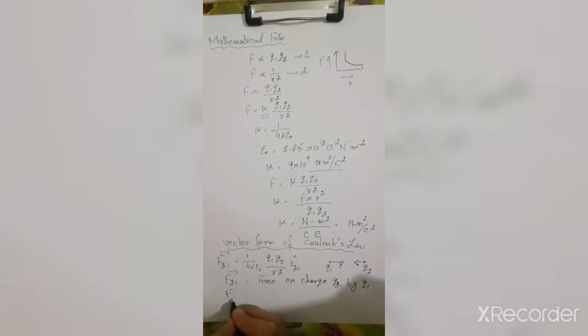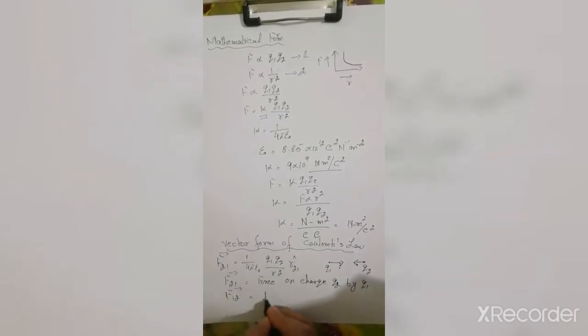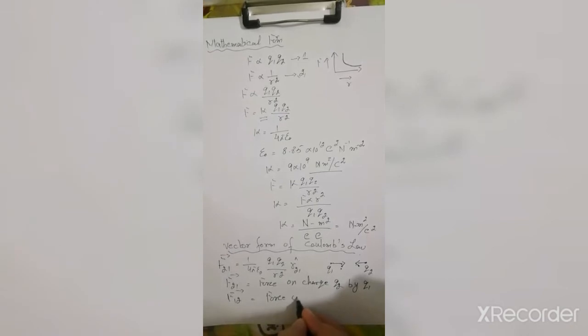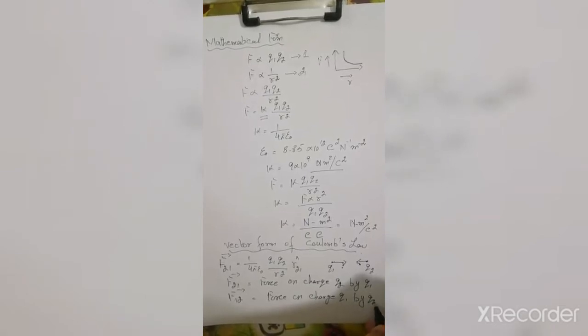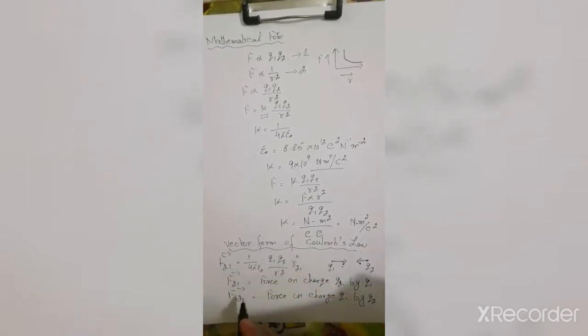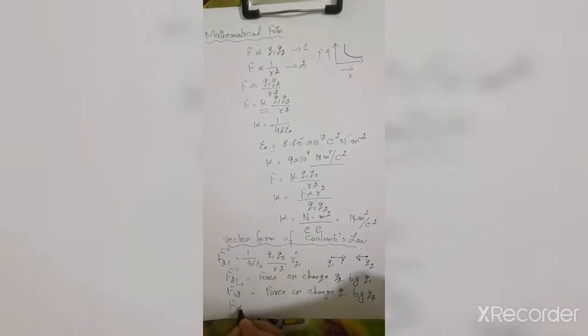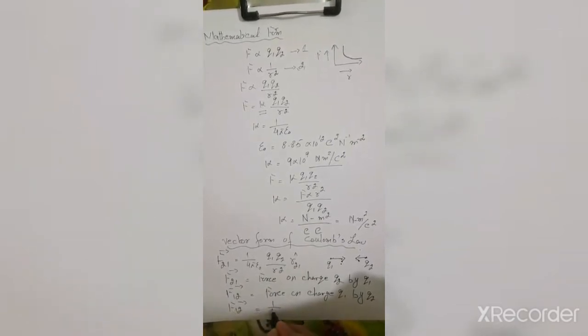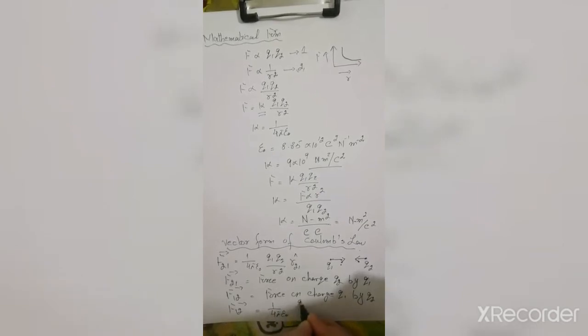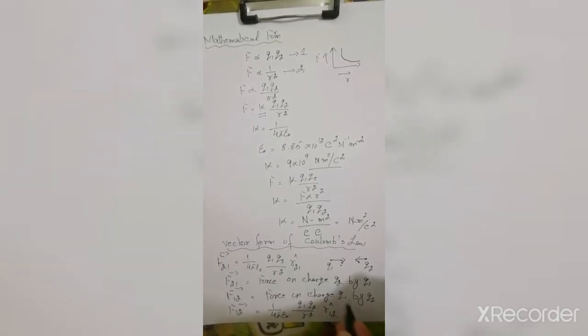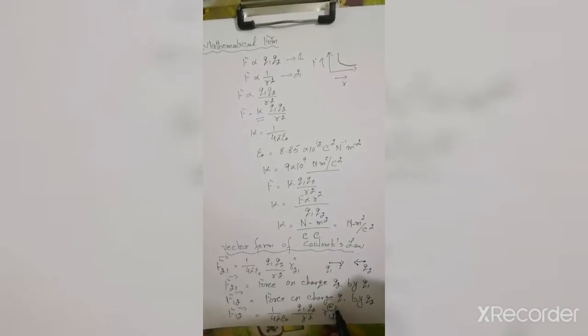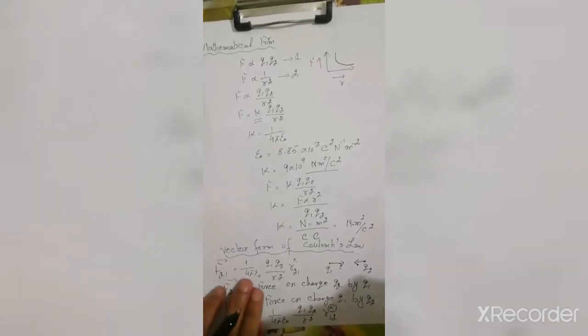In this way, F12 is the force on charge Q1 by Q2. F12 is equal to 1 over 4 pi epsilon naught Q1 Q2 over R square times the unit vector R12, represented with a cap over it.